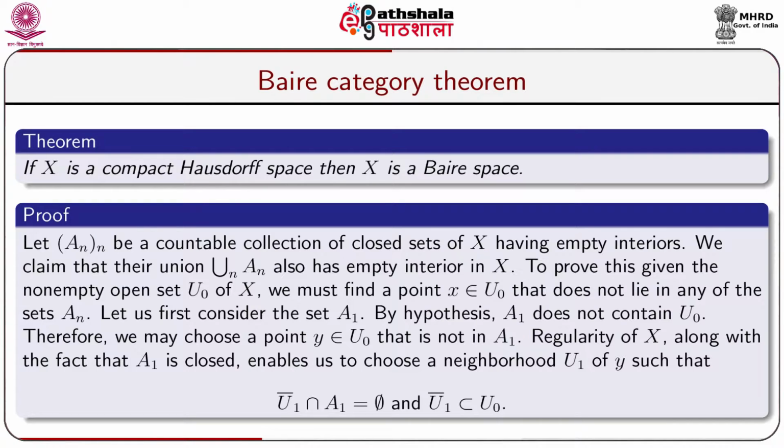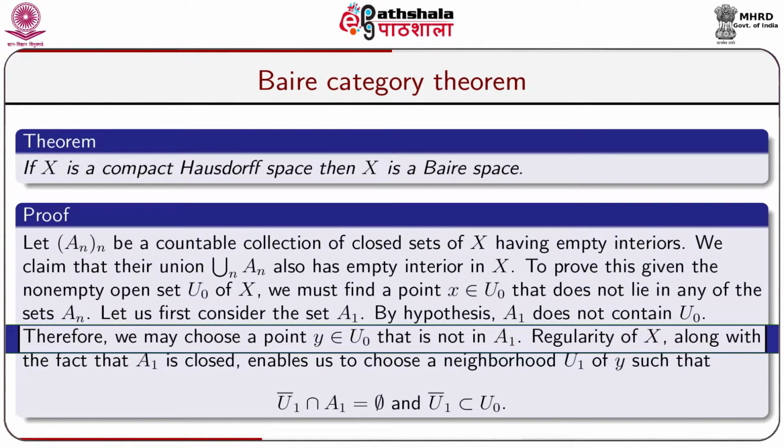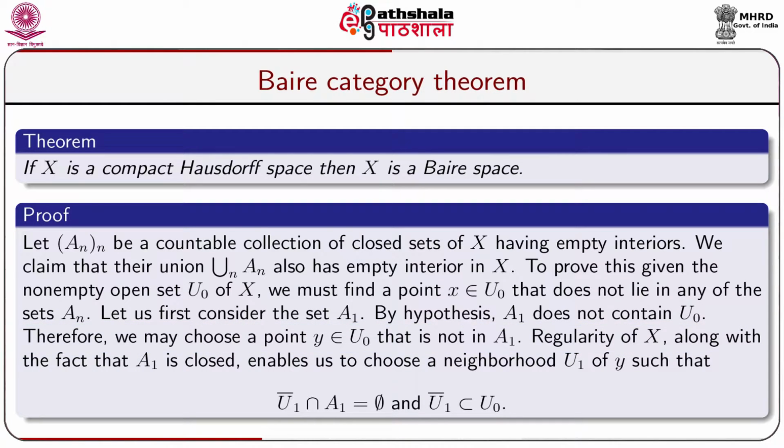Let us first consider the set A_1. By the given hypothesis, A_1 does not contain U_0 as A_1 has empty interior. Therefore, we can choose some point y in U_0 which does not belong to A_1.